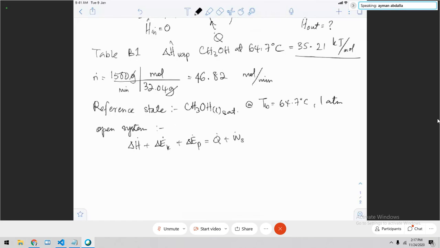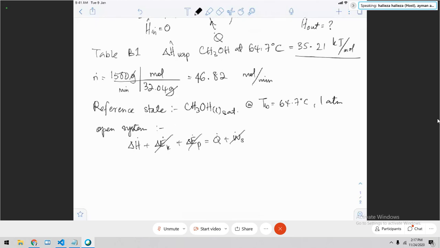So what needs to be cancelled off? The kinetic energy and potential energy, and the shaft work. You have to give reasons why, but I'm not going to write it down.